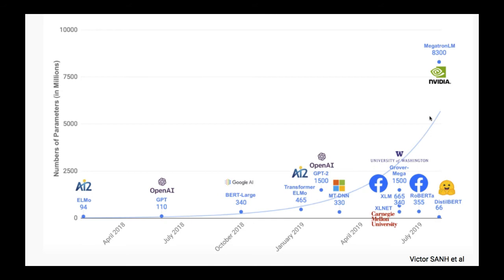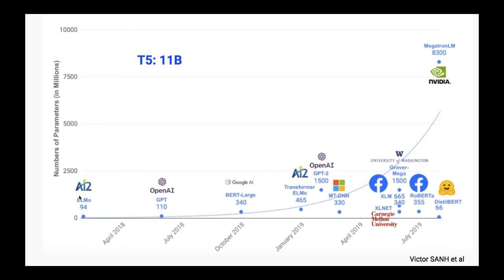And not to mention, NVIDIA trained their super large language model, almost 1 billion parameters, which was super mind-blowing at the time. Then Google released their super large language model, which has 11 billion parameters. You can see in 2017, it was just below 100 million; the largest language model had just 94 million parameters.